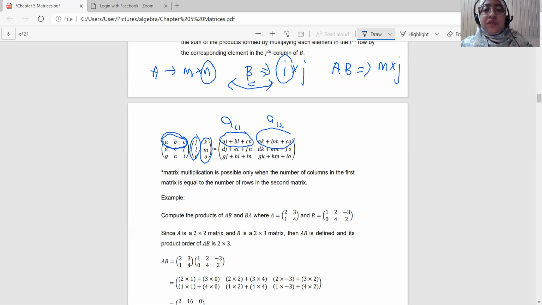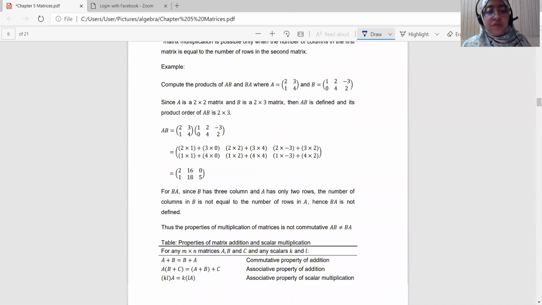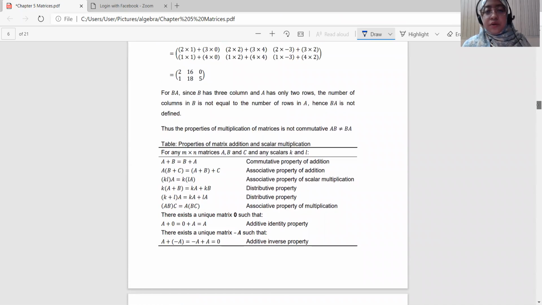The element A11 we get from the first row and the first column, and the element A12 we get from the first row and the second column. Another row and columns are the same like that. Matrix multiplication is possible only when the number of columns in the first matrix is equal to the number of rows in the second matrix, like I said before.